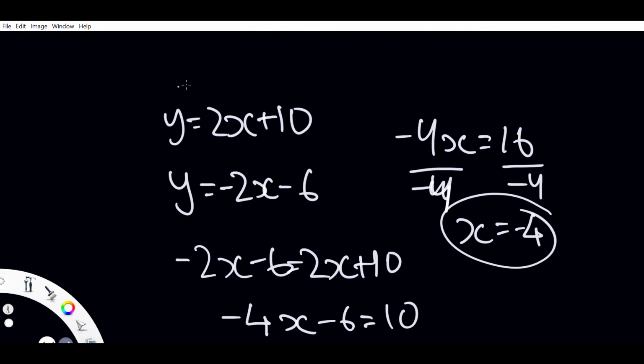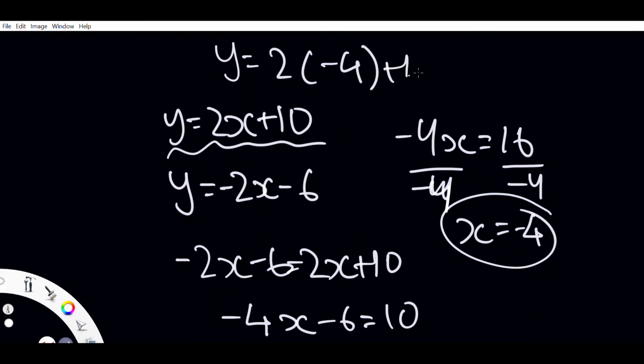So now that we have that, let's substitute it for this one. So y is equal to 2 times negative 4 plus 10, which gives us y is equal to negative 8 plus 10, which is 2. So now that we have two values, we can say that the ordered pair is negative 4, 2.